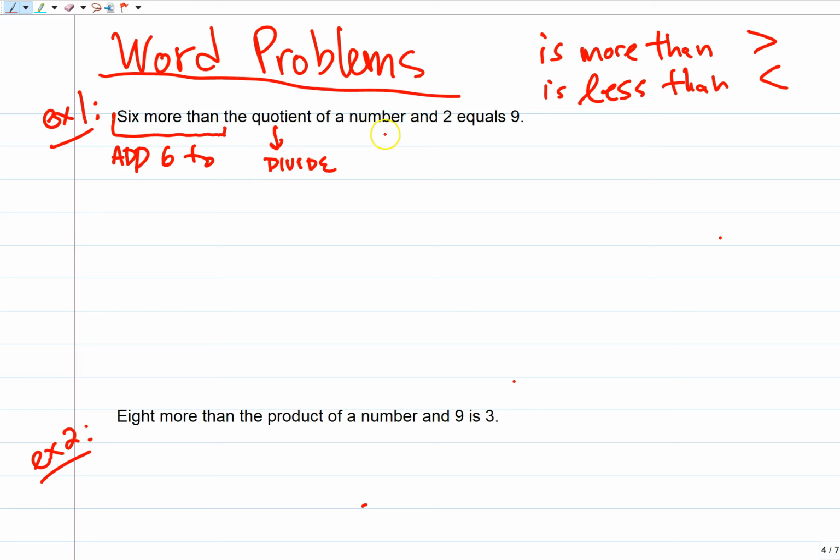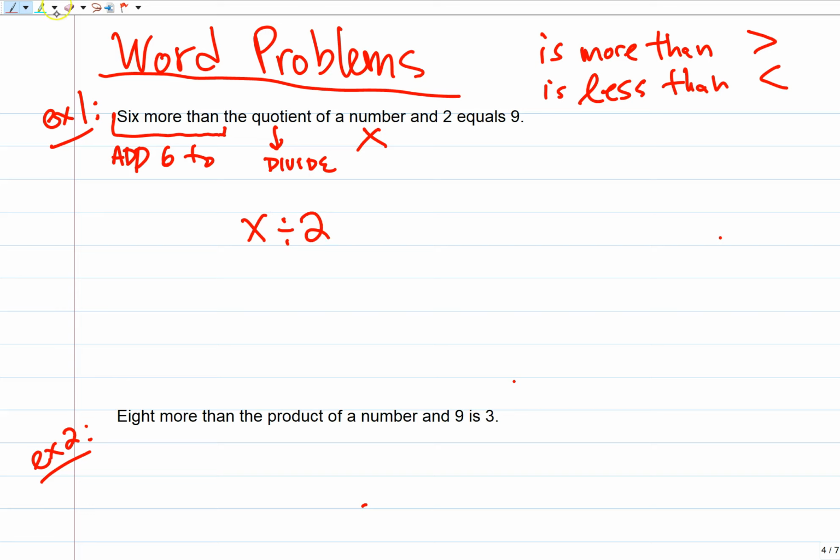a number. That's weird. They didn't give us a number. That's our variable. That's what we don't know. So this says divide that x by 2. Can you do that? How would you divide x by 2? Some of you are going to do it this way, x divided by 2. I wouldn't do that.